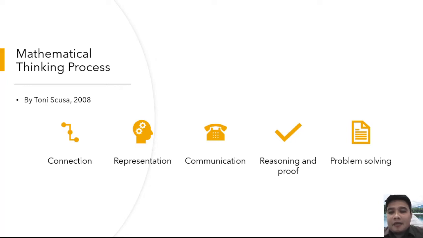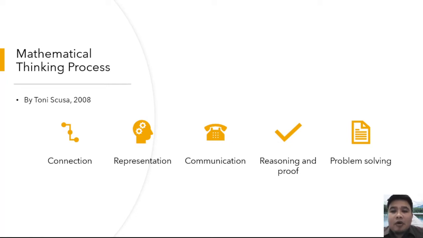They use representation to help others know exactly what he or she was thinking, how he or she figured it out, and how the problem was solved. And they can easily move from one kind of representation to another and know the appropriate representation to use and when to use it. So that is the representation process.